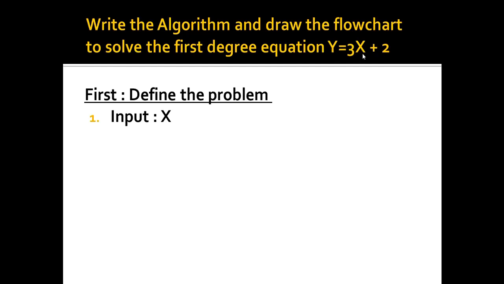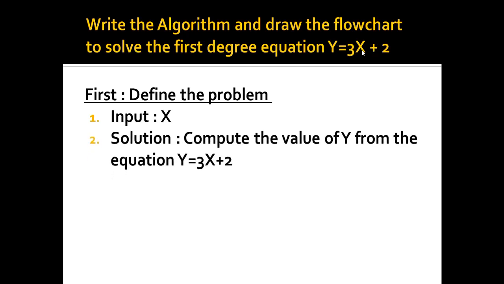So my inputs will be x, and after having the value of x, we can calculate y. So the input will be x, the equation will be, or the process will be performing the equation itself. After inputting the value of x, we can calculate y. Finally will be the output, calculating the value of y itself.